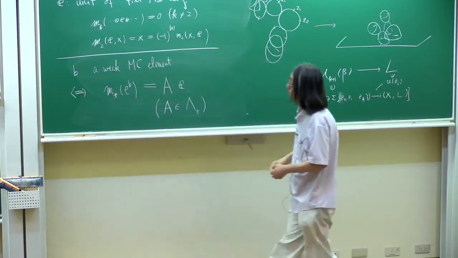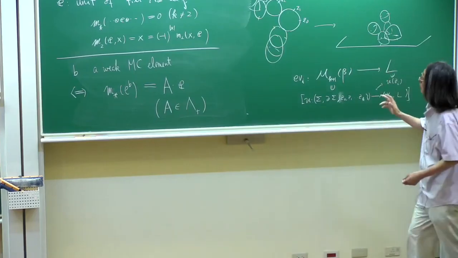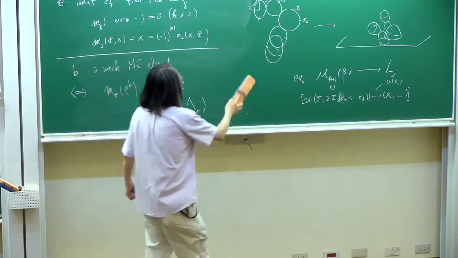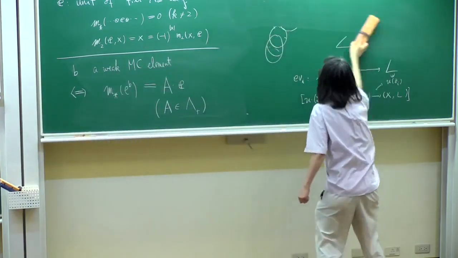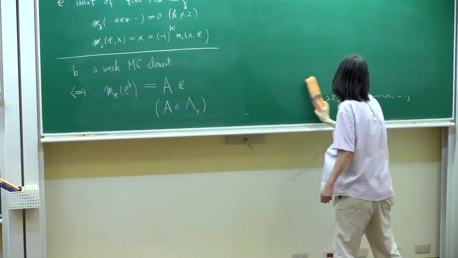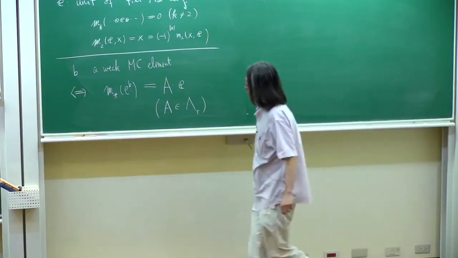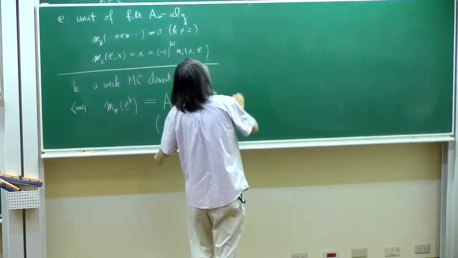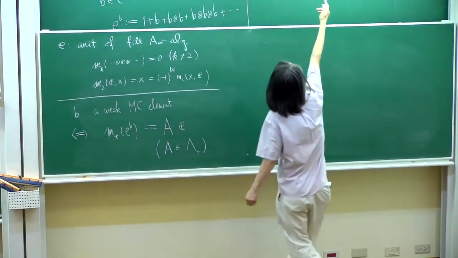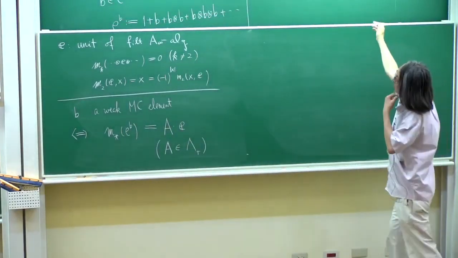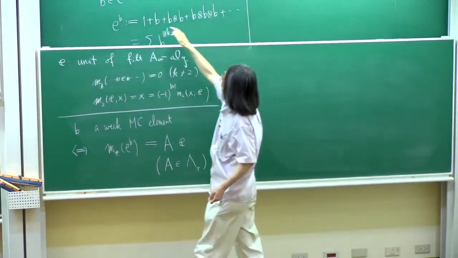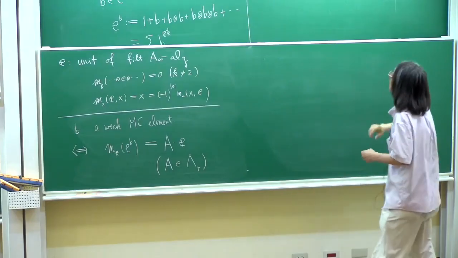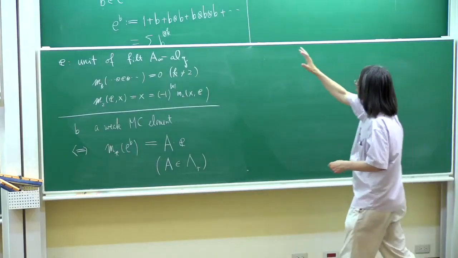Okay. So this is the definition of a weak Maurer-Cartan element. And more precisely, in order to make sense of this infinite sum, at the beginning we consider only B with positive power in T, no constant term.